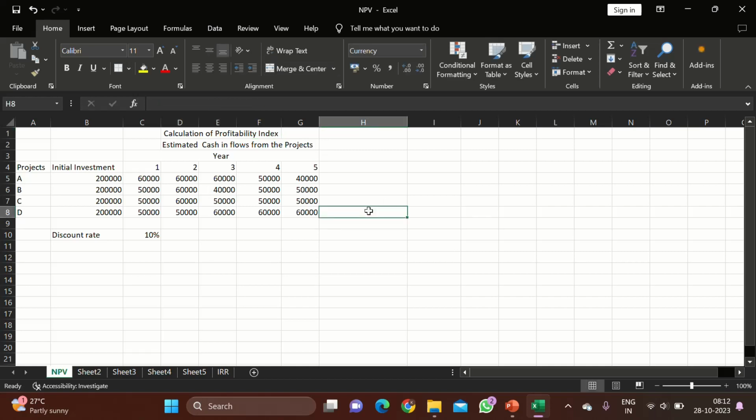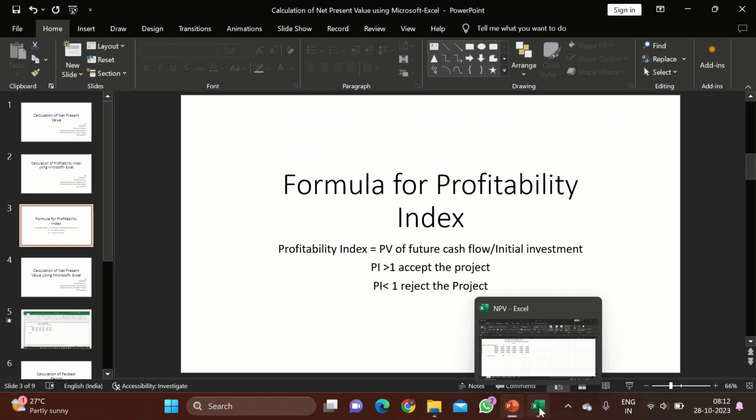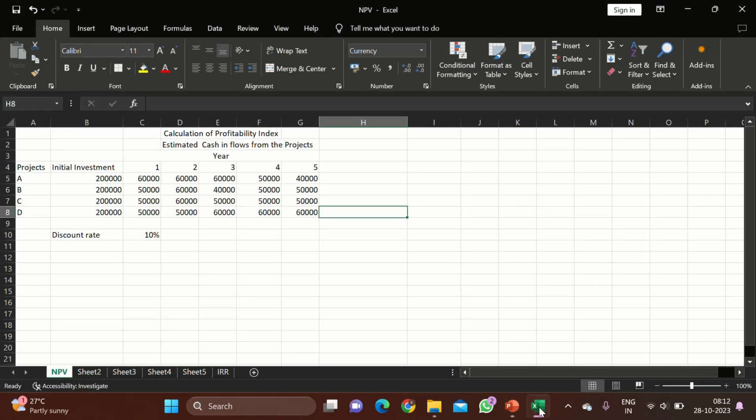To calculate profitability index, as per our formula, we should calculate present value of future cash flows. As you can see in the problem, there are 4 projects: project A, project B, project C, and project D. The initial investment for the projects are 2 lakhs. The estimated cash flow from the project for 5 years are given.